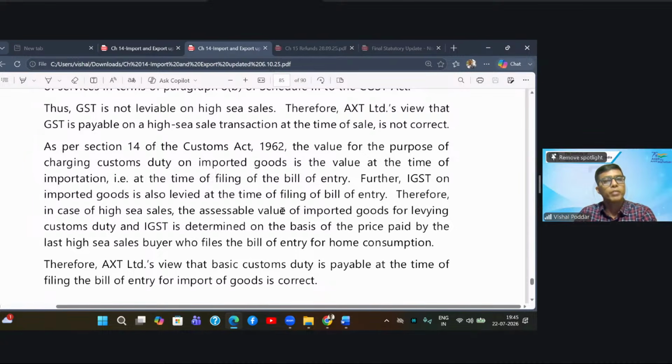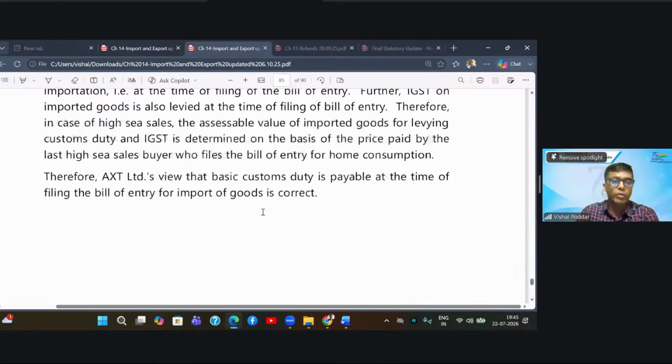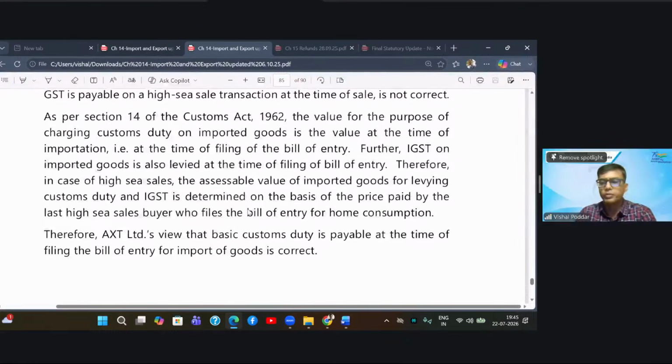Therefore, in case of high sea sales, the assessable value of imported goods for levying customs duty and IGST is determined on the basis of price paid by the last high sea sale buyer who files the bill of entry. Therefore, AXT Limited's view that basic custom duty is payable at the time of filing bill of entry is correct. So that part of his view is correct, but the part that it will be payable at the time of sale is incorrect. Fine, students.